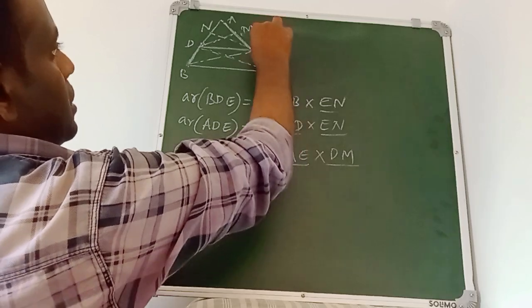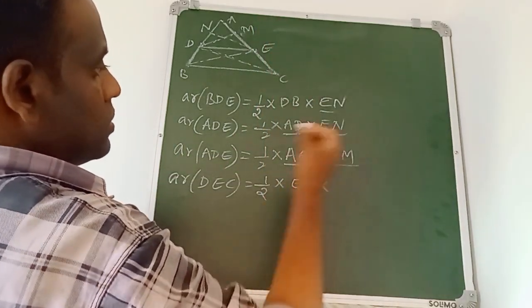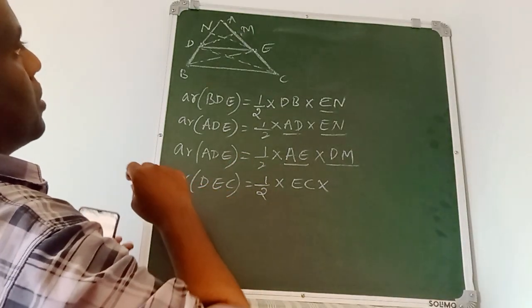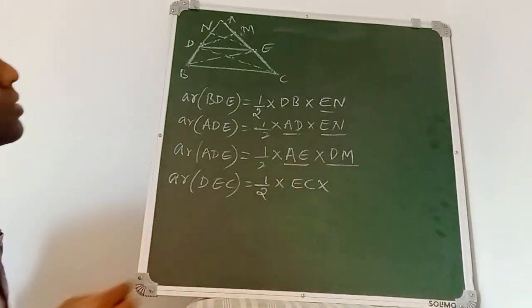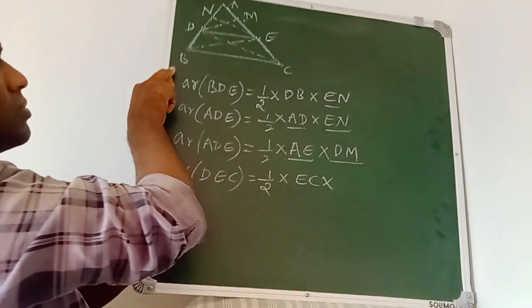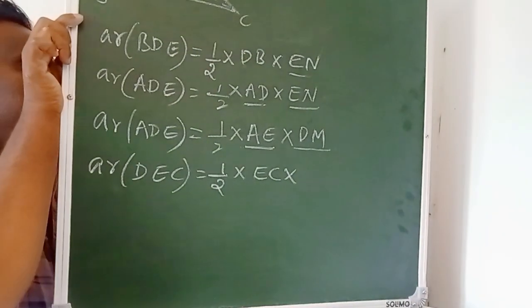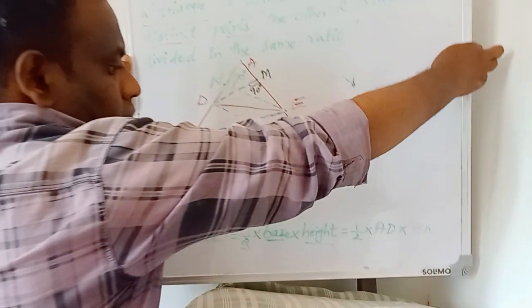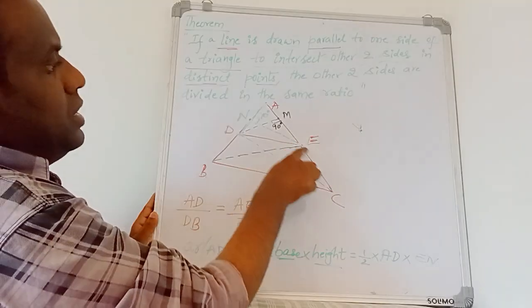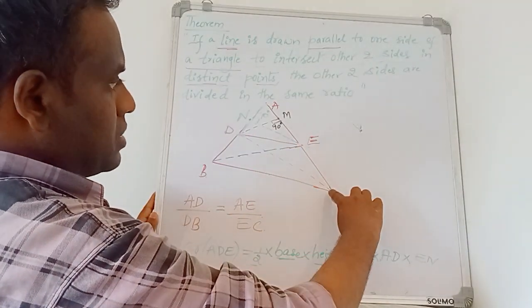I am considering this as the base. Next, height will be what? Which triangle is it? DEC. So we are considering triangle DEC. So I took this EC as the base.